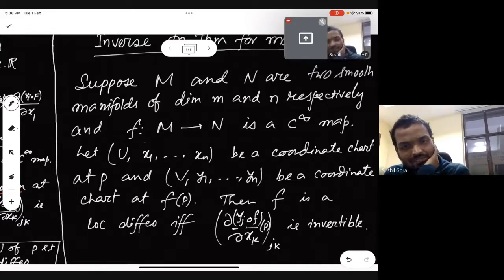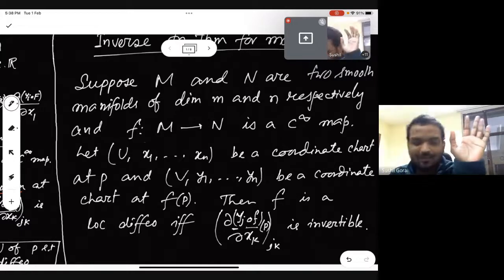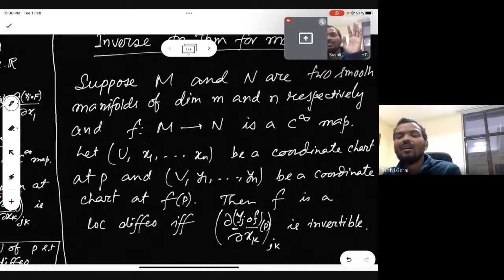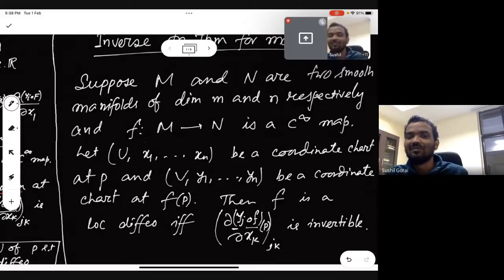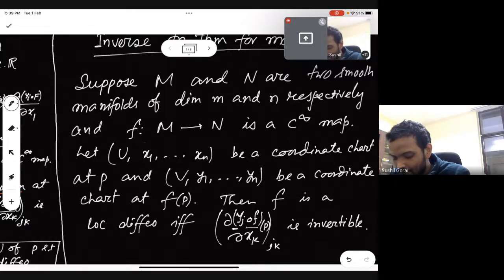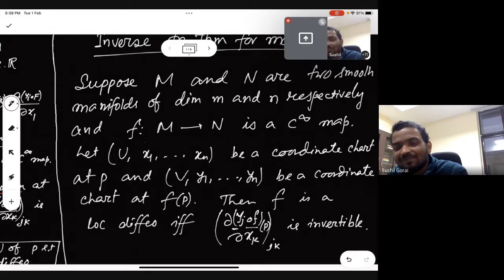Right? Is the statement clear to you? It's nothing but the statement as it is in the case of Rn. Nothing new. By now I guess some of you have already thought about the proof.